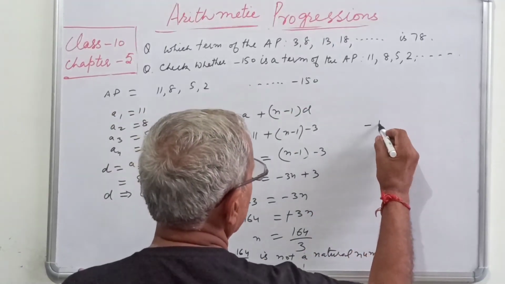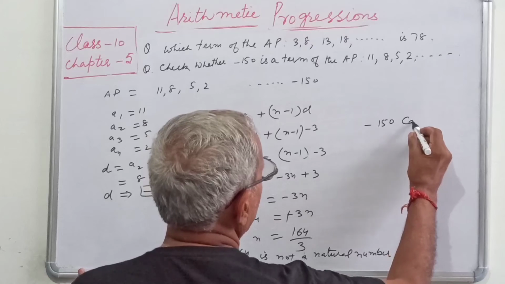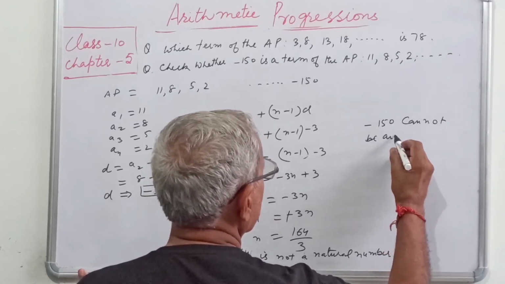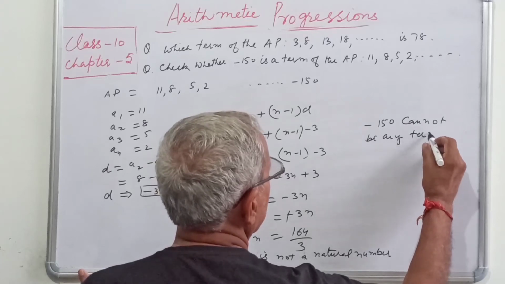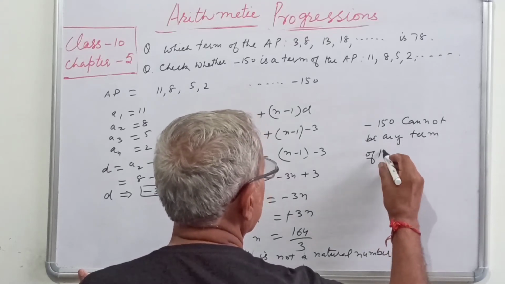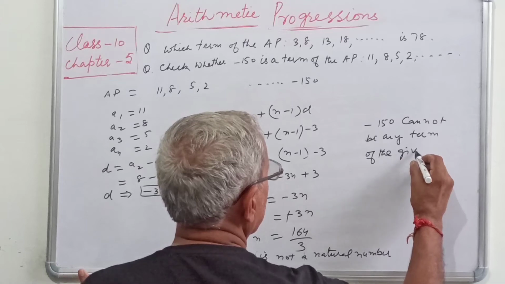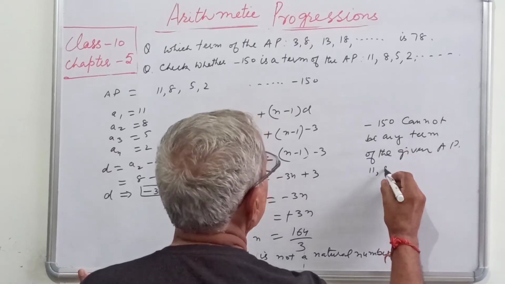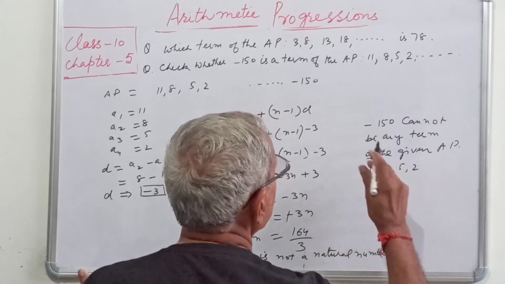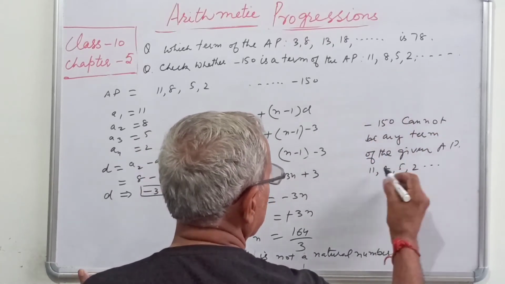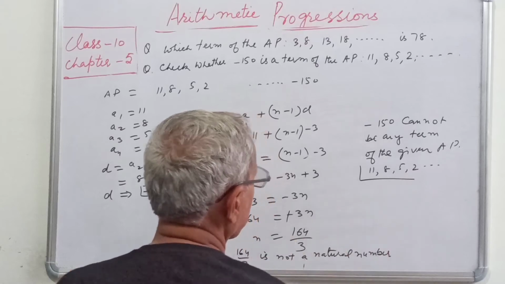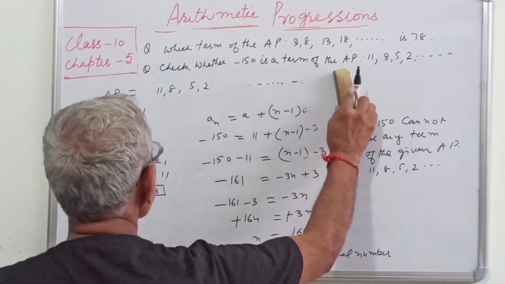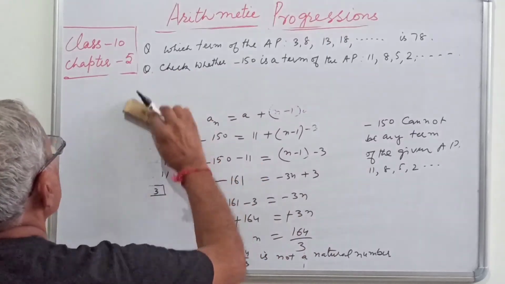So minus 150 cannot be any term of the given AP. The given AP here is 11, 8, 5 and 2. इस AP की ये जो है टर्म नहीं हो सकती. नेक्स्ट क्वेश्चन.